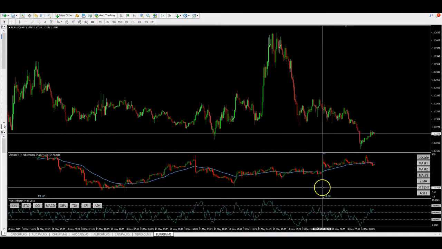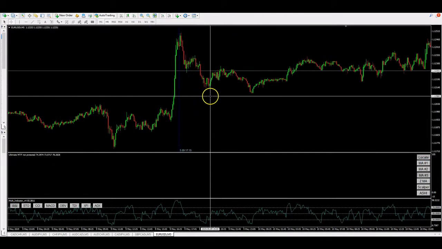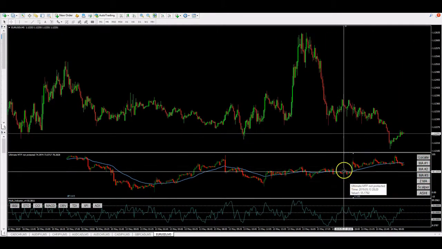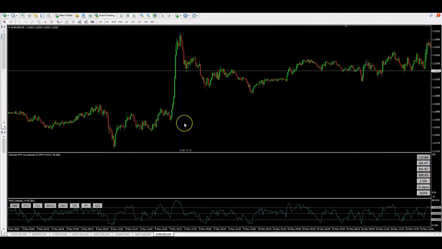So we got to find this blue line on the main chart, and there it is. And there's that nice big move that you see in the one candle right here. Alright, so now what? There's a couple different options.